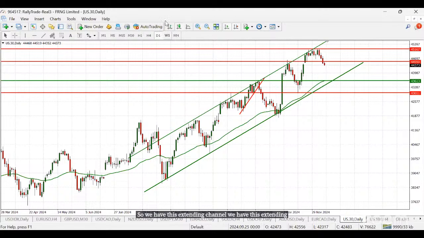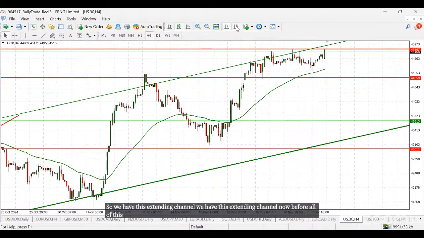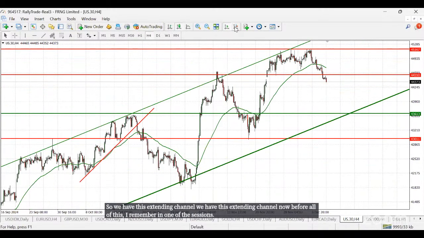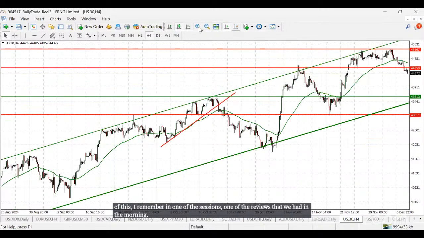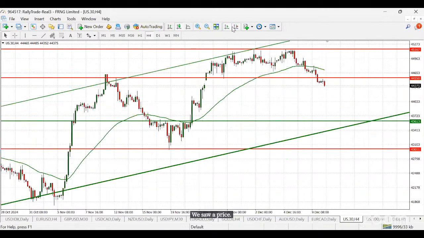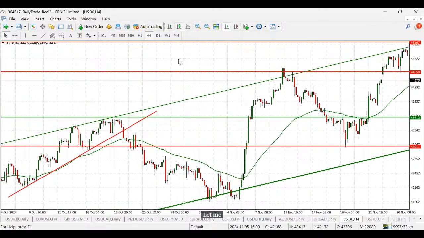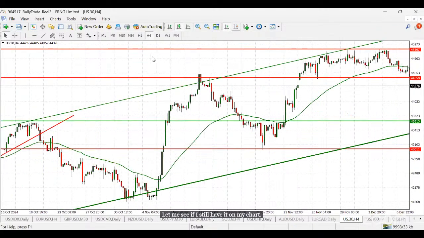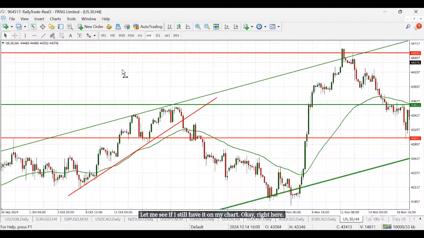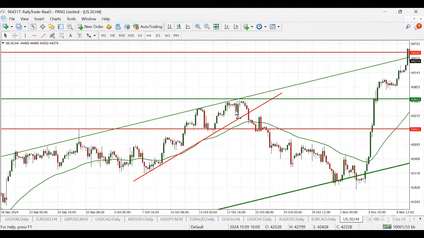Now, before all of this, I remember in one of the reviews that we had in the morning, we saw price. Let me see if I still have it on my chart. Okay, right here, somewhere around this trading area. We saw price broke below this trend line, and this is happening on the 4 hours time frame.